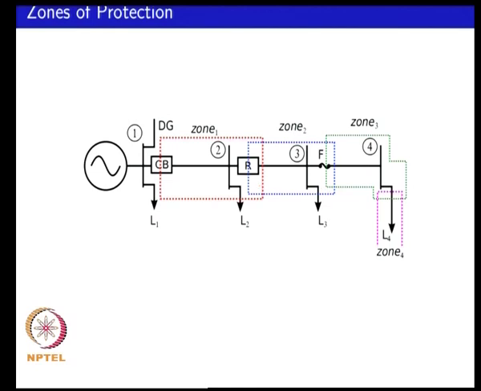Then the R would protect up to the fuse, including a fault at the fuse itself. Then the fuse would protect up to bus 4, and further downstream of bus 4 would be whatever load is connected. The load itself would have its own protective devices. It is not mentioned in the problem what it is, but it would have its corresponding zone. So, you could identify zone 1, 2, 3, 4 for a system such as this.